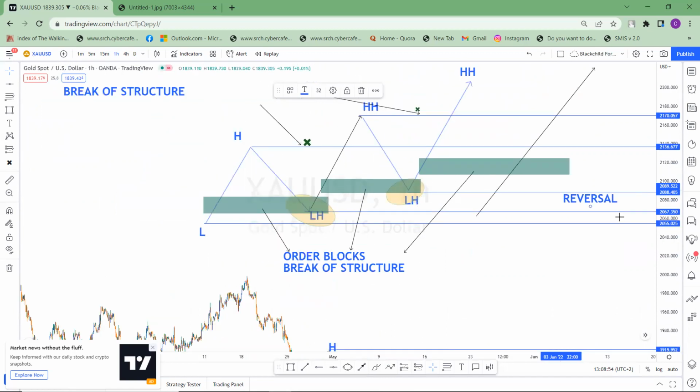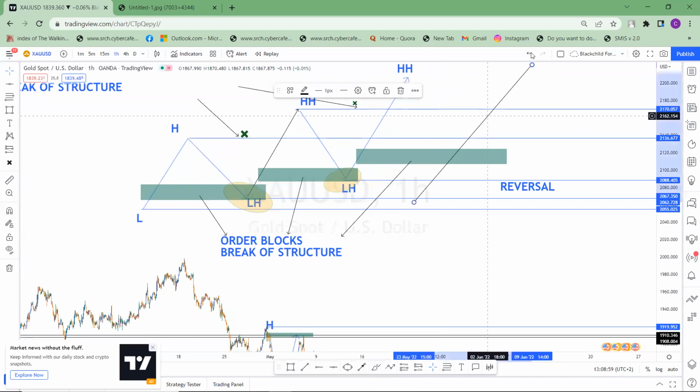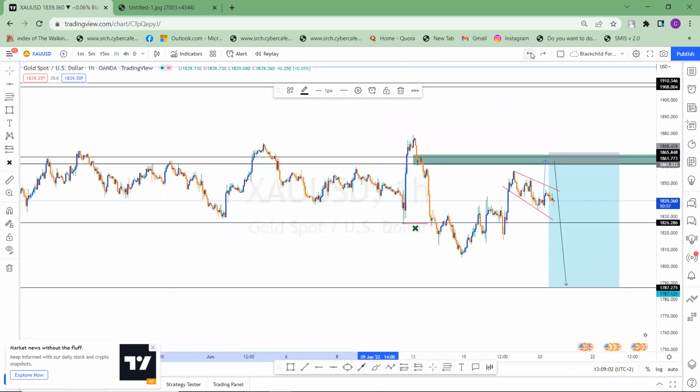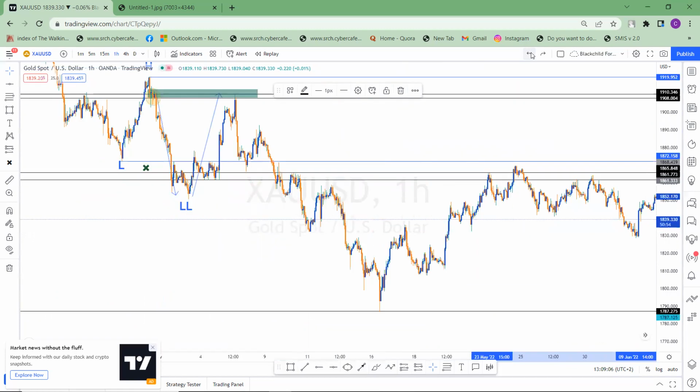So I'll use the same setup. Let me just take off everything so we can get back.